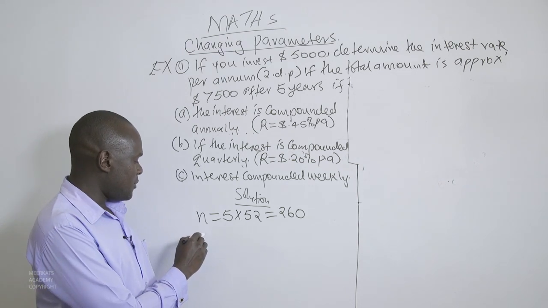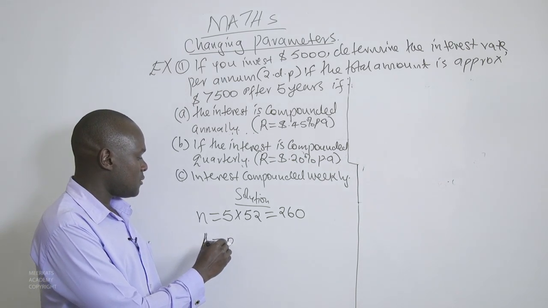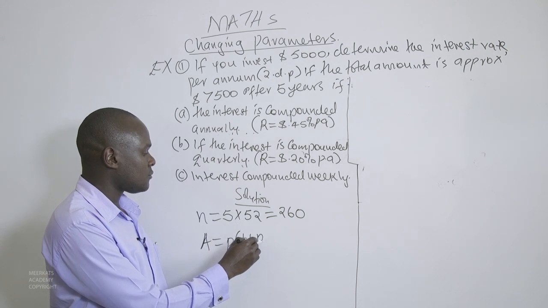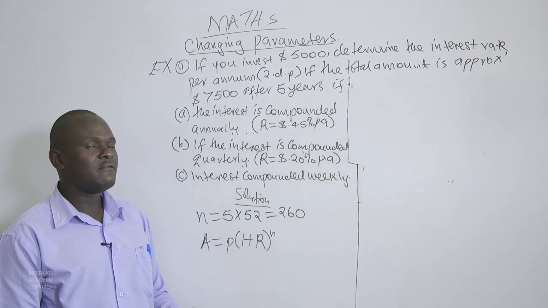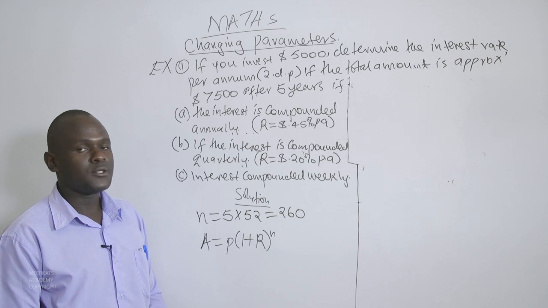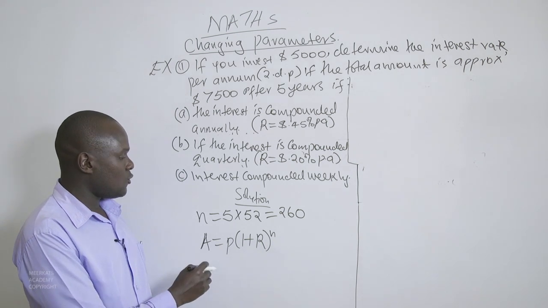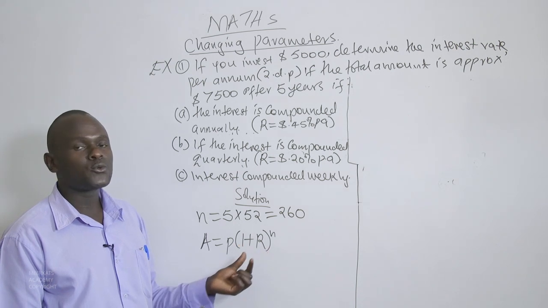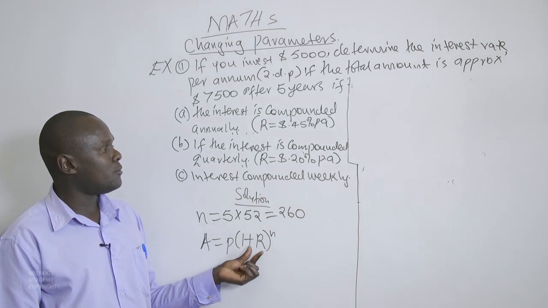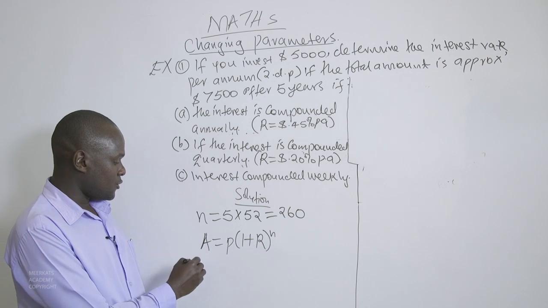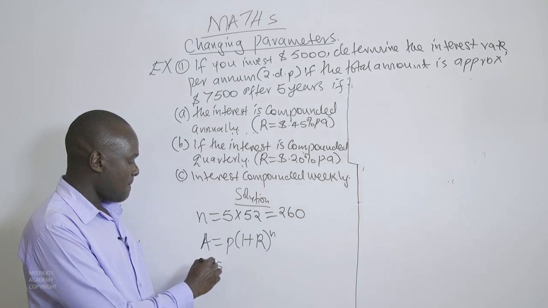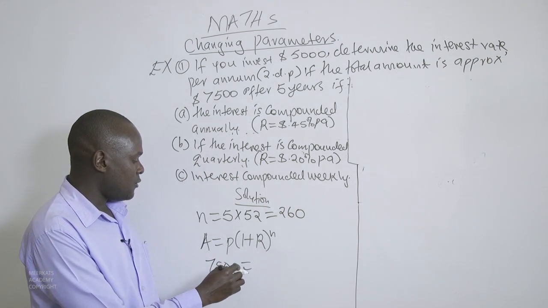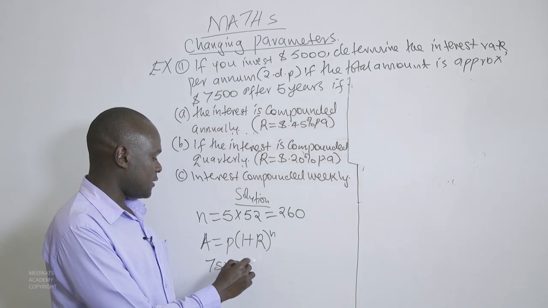So in our compound interest formula, where we have n, we will replace it with 260. We substitute in the values as they were, and we try to calculate the rates so that we'll compare the rates at the end of it all. The amount is $7,500.